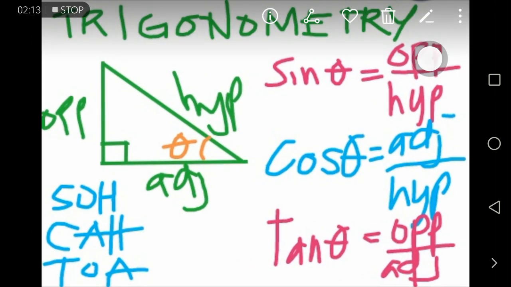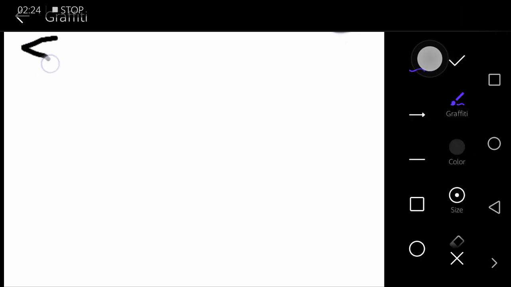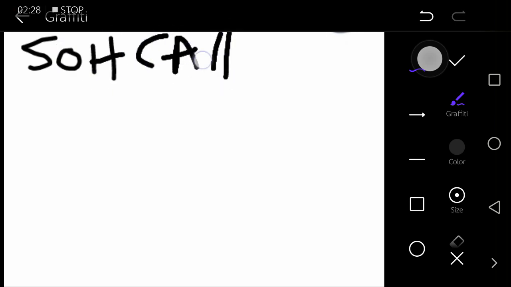Now I will give you an example of problem solving with given numbers. Just remember the word SOH CAH TOA.